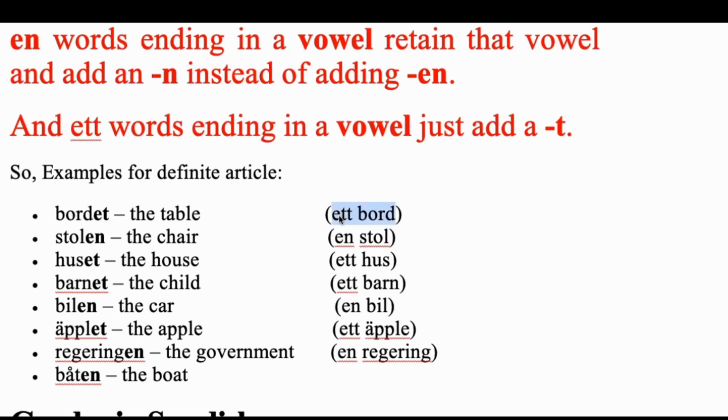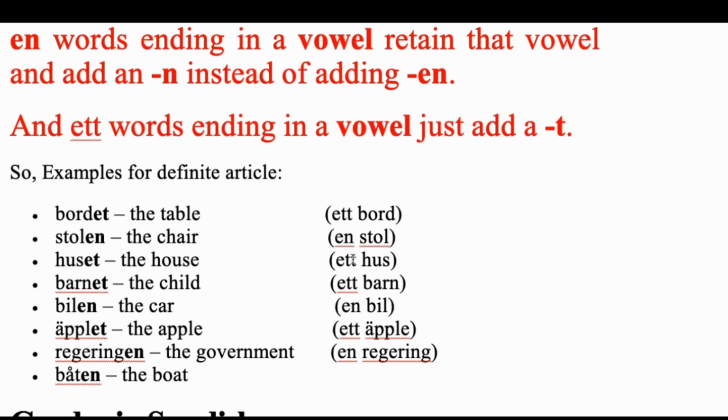When you want to make the table a specific, definite noun, you put your article on the right side of the noun. I'm placing here bordet. This is an ett noun, but when I write on the right side, I remove the one t and only use et. Okay. Stolen means the chair. So place this en at the end of the noun. Stolen, the chair. That becomes your definite noun.